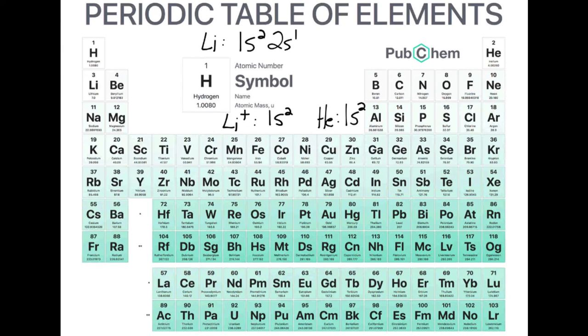And this is a compounding effect. Not only does it have an especially stable electron configuration now, which it does, but in addition, it's got extra protons relative to helium. Helium, of course, only with 2 protons, lithium having 3. So I would expect the lithium plus ion to be even more difficult to remove an electron from than helium.